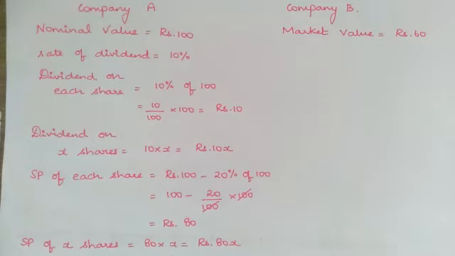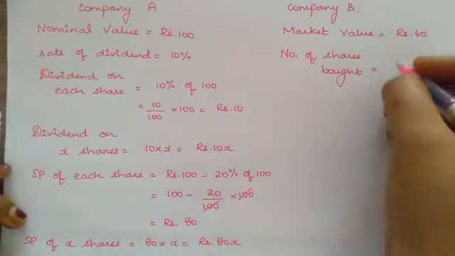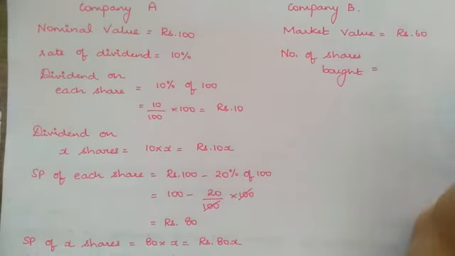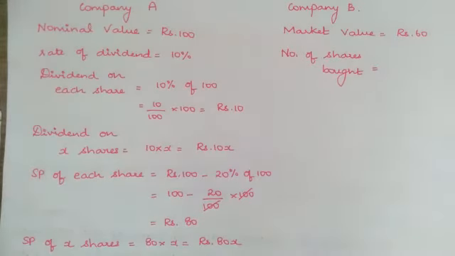So the number of shares bought will be however much money he has invested divided by the market value at that time. How much has he invested actually? We are given that whatever he sold from the previous company, those proceeds he is investing in the other company. He sold something for rupees 80x.